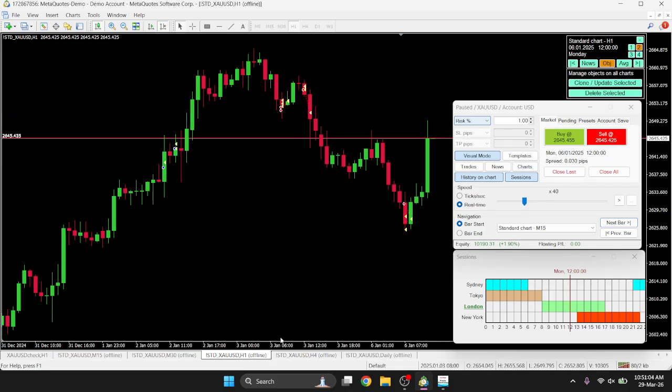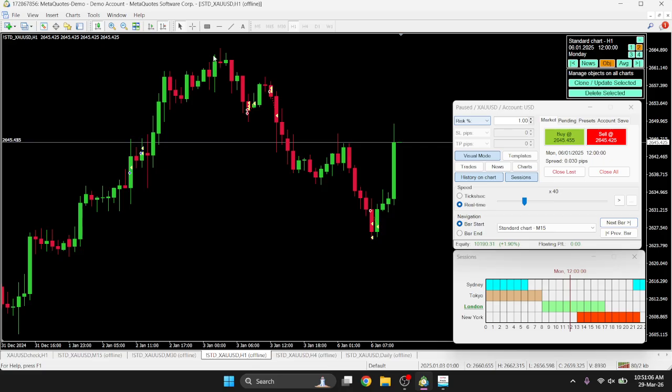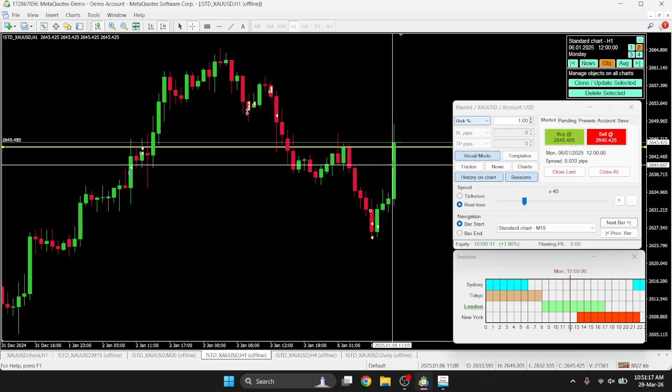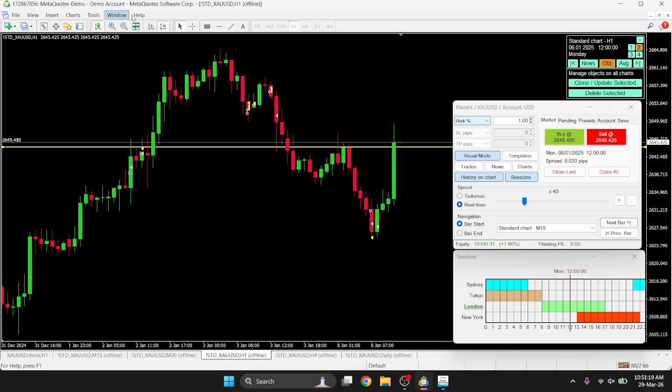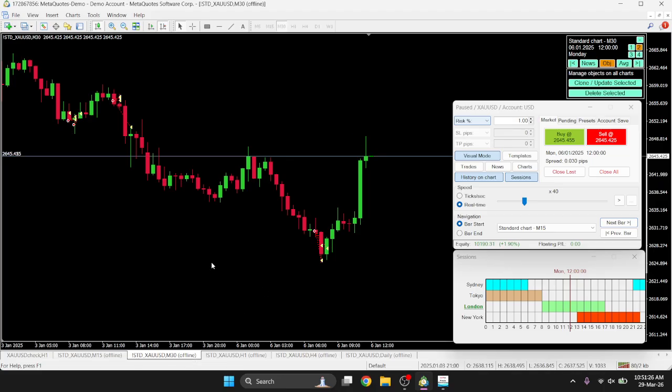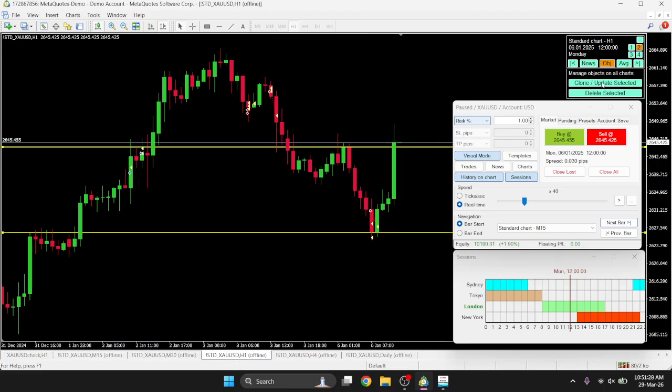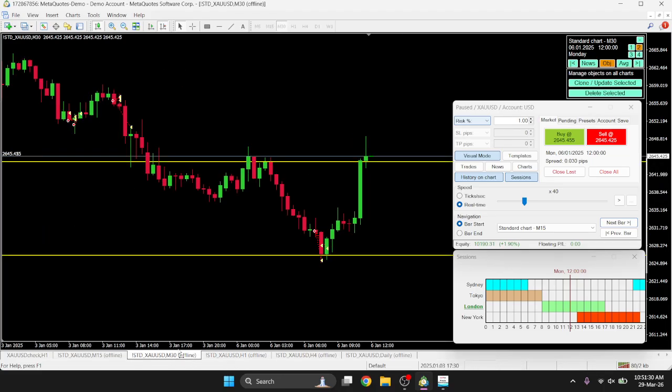If we look at 1 hour, this is the 1 hour resistance level. This candle just broke this resistance level, and this is our 1 hour support level. If we look at 30 minutes, let me move this 1 hour candle to the 30 minute.